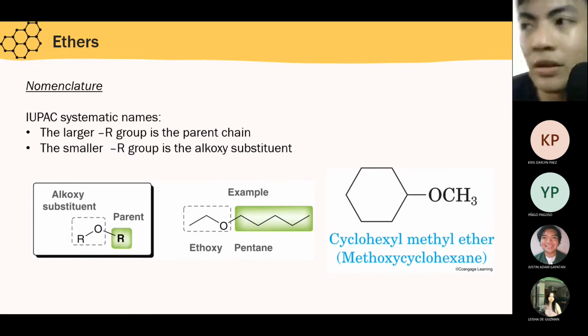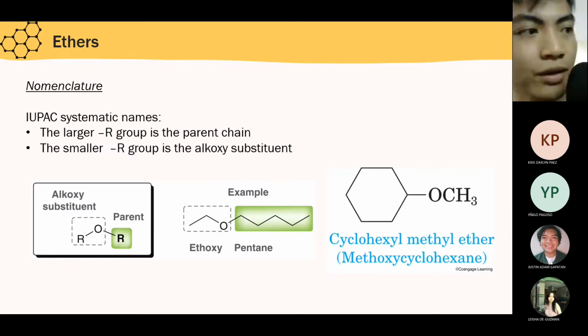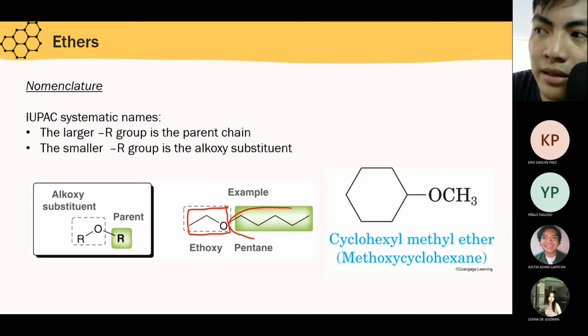Sabi lang dito, yung larger R group mo, yun yung parent chain. And then yung smaller R group mo, yun yung alkoxy substituent. Ano meaning kapag yan ay alkoxy substituent? Okay? So kapag yan ay alkoxy substituent, ibig sabihin, kasama niya yung oxygen. Tapos ito yung parent chain mo. Okay?